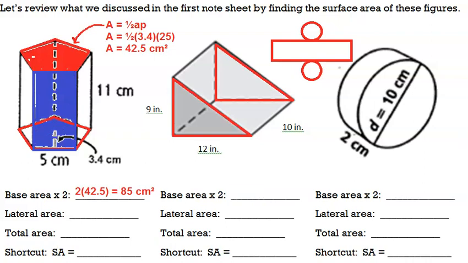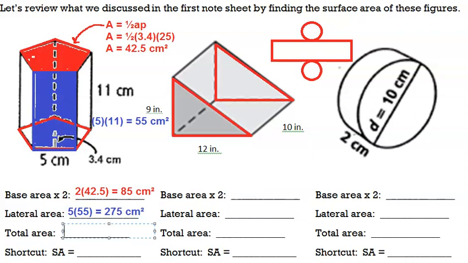So all we really need to do is just think in terms of 5 times 11, which would be 55 centimeters squared. And then there are going to be 5 of them. So we'll do 5 times 55, which would be 275 centimeters squared.